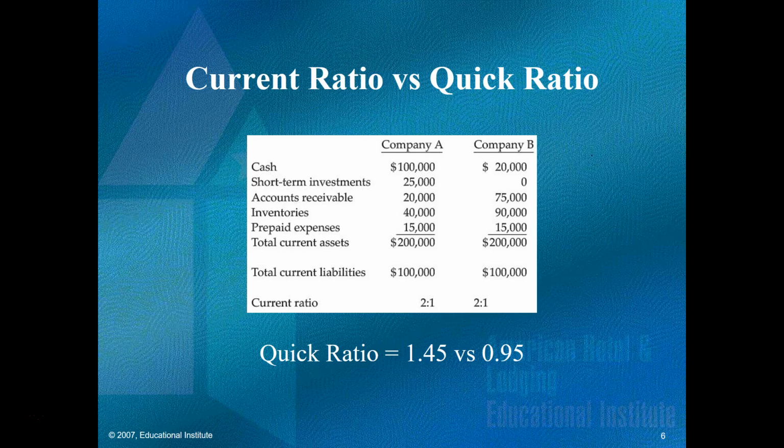But remember, again, to interpret this ratio, we're determining that for every $1 of current liabilities, we have $2. Just know when you do your math, 200,000 divided by 100,000 just gives you 2.